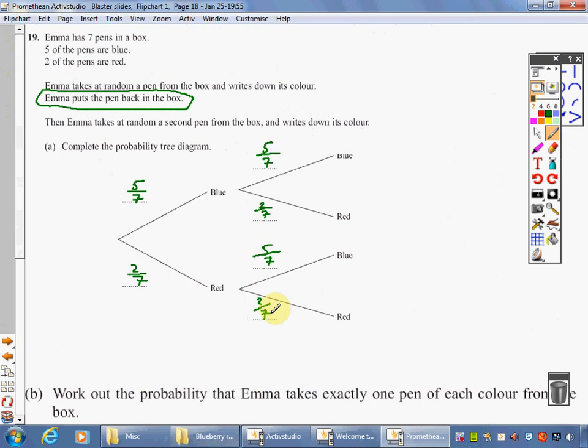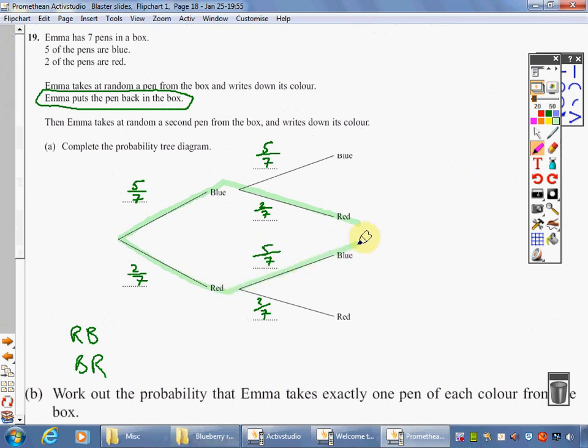B. Work out the probability that Emma takes exactly 1 pen of each colour from the box. So exactly 1 is either going to be a red and a blue, or a blue and a red. So I'm just going to highlight those 2 paths here on the tree diagram. It was a blue, then a red, or a red, then a blue.